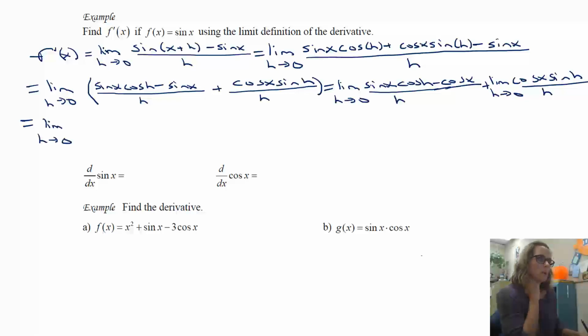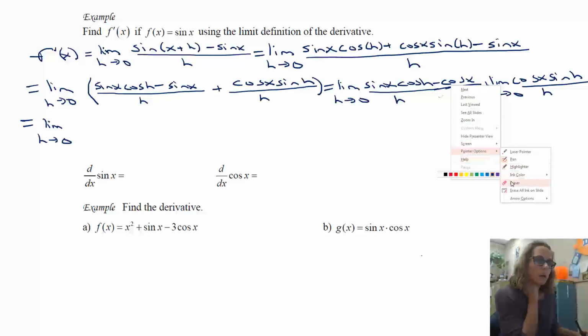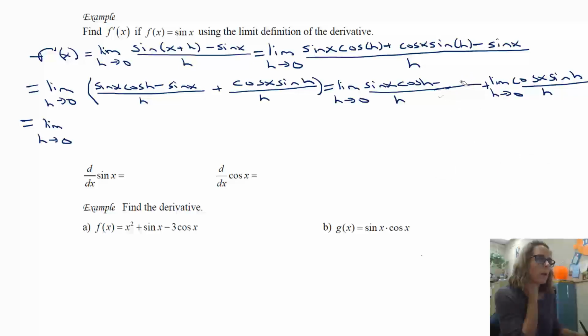So if you look at this piece, notice that sine x is right here, and then we've got, oh, no, I just realized, if I was in class, you guys would have been telling me that I didn't have sine x here like I was supposed to. Okay, look at me, I can fix it. Back to the pen. All right, so this is going to be sine x here. Ta-da! There we go. So now you can see that we have the sine x.